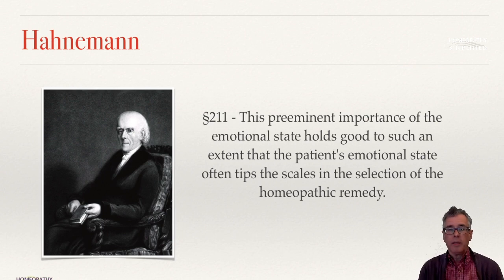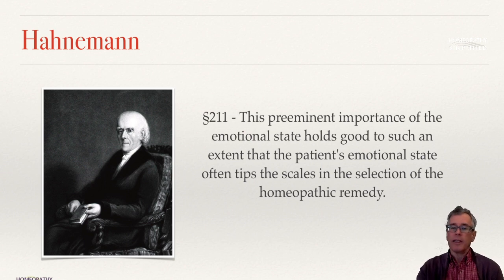Not forgetting what Hahnemann wrote about mental and emotional. He writes in Aphorism 211, "This preeminent importance of the emotional state holds good to such an extent that the patient's emotional state often tips the scales in the selection of the homeopathic remedy."